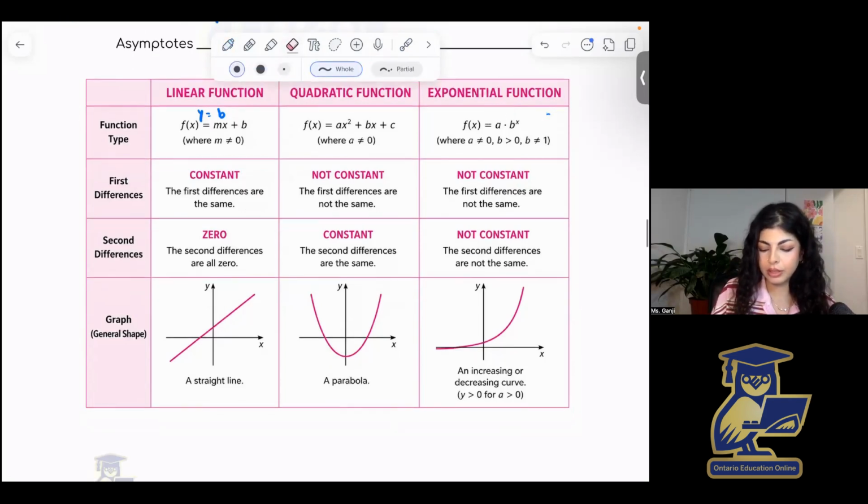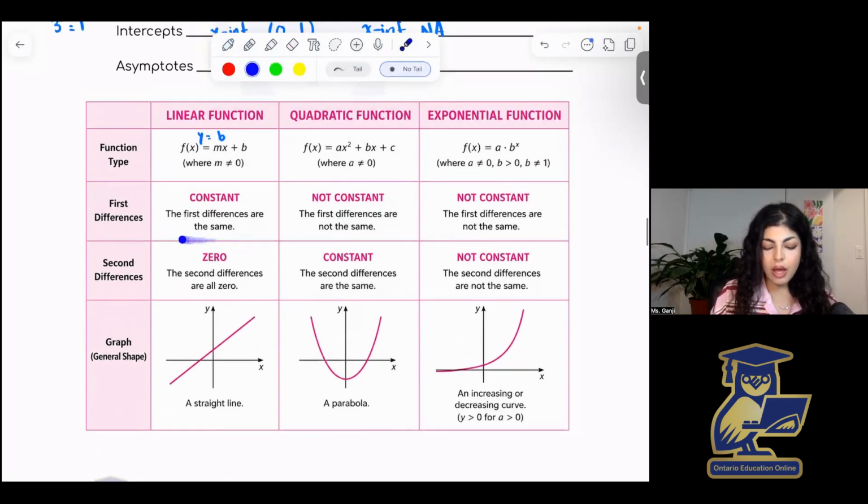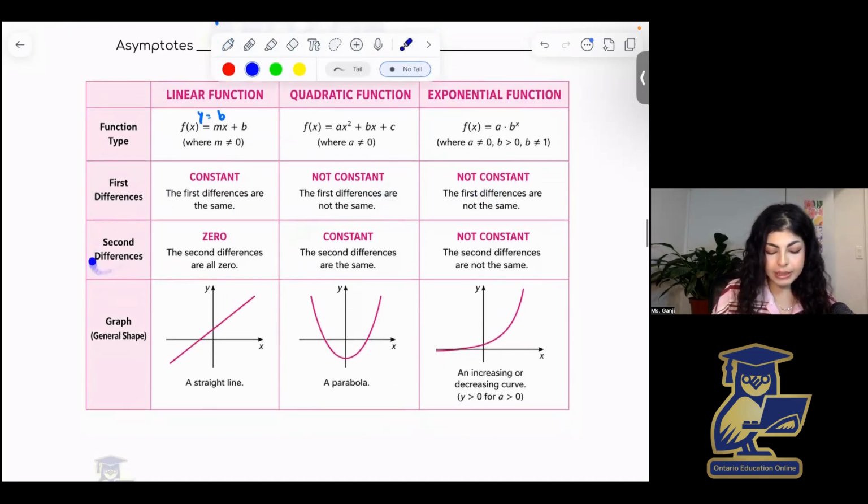So not these two. Now, first differences we just saw with linear functions, the first difference is constant, which means they are the same. However, for quadratic and exponential functions, they will not be the same. Now, second difference: remember, quadratics have an exponent of 2, so they will have the constant second difference here.